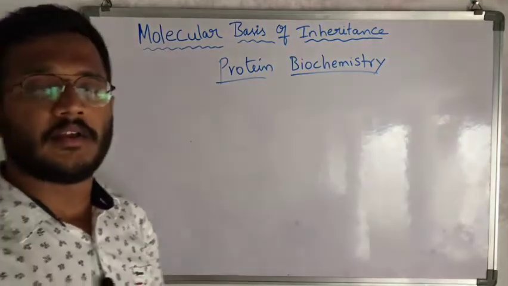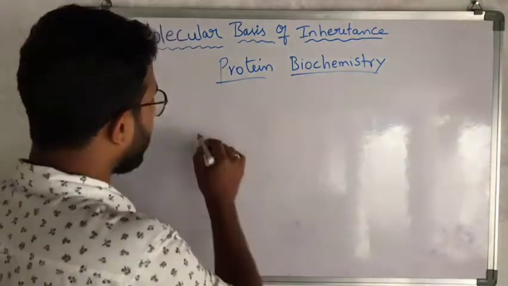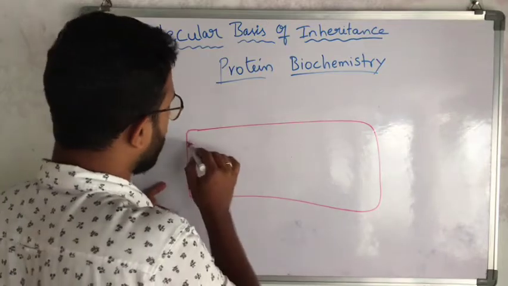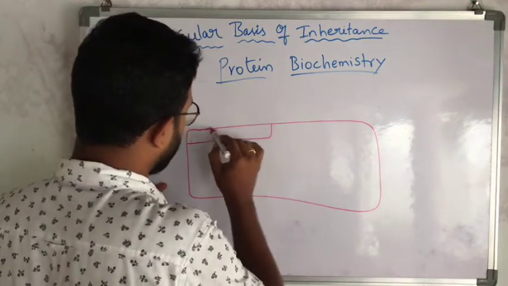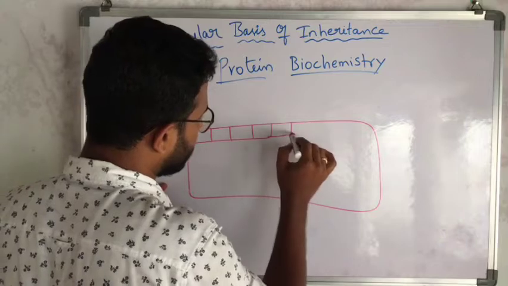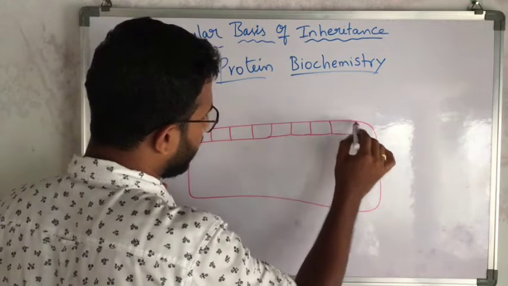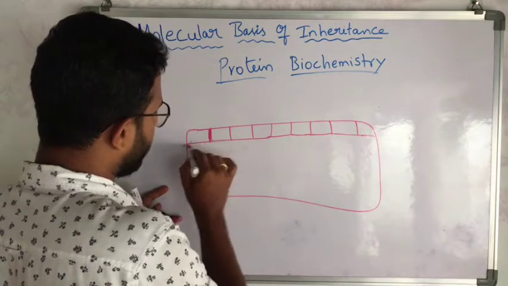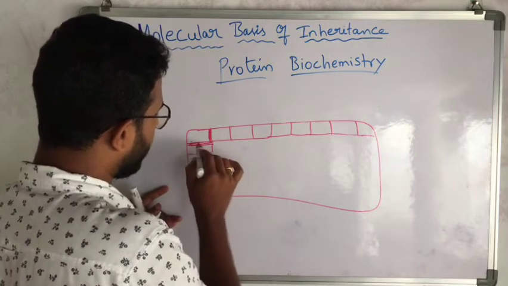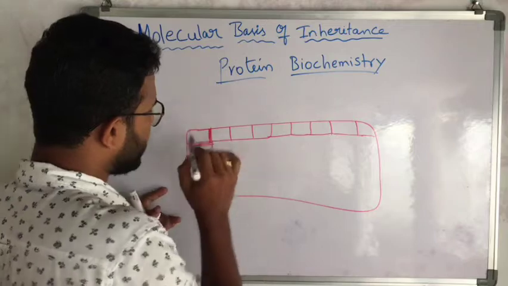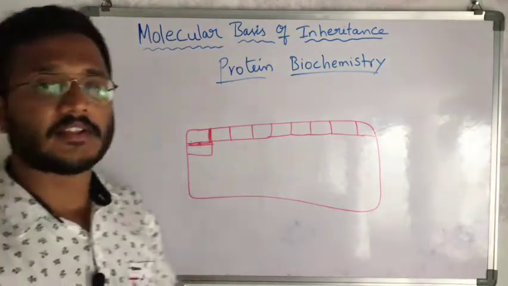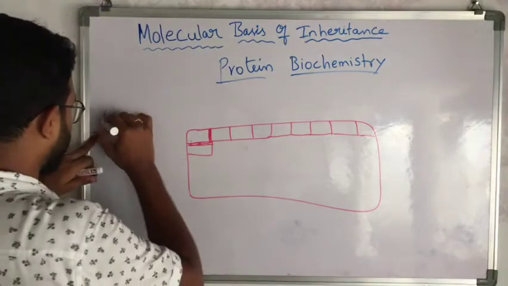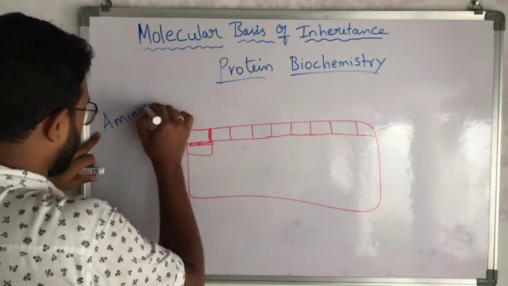See here, we have to build a wall. So what we will do? These are the bricks, and in between the bricks we have cement. This is another brick, and this is cement. So we can compare the bricks to amino acids.